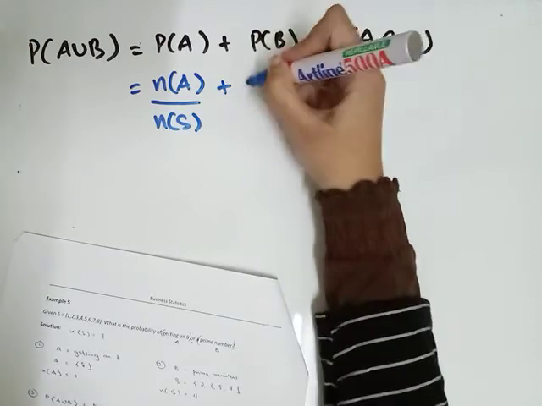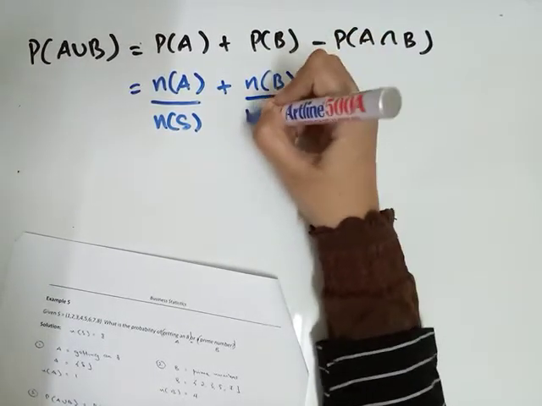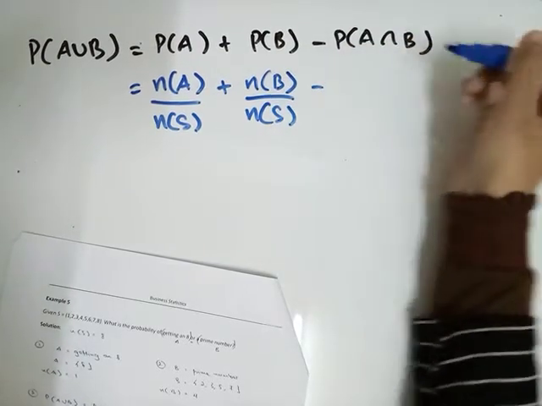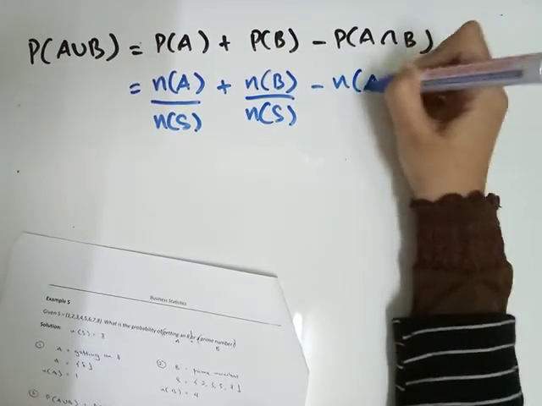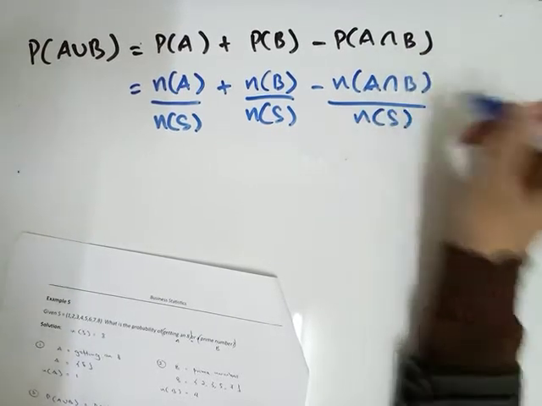Okay, probability of B is equal the number of element inside B over number of element in sample space, and this one the number of element A in the set B over NS dia.